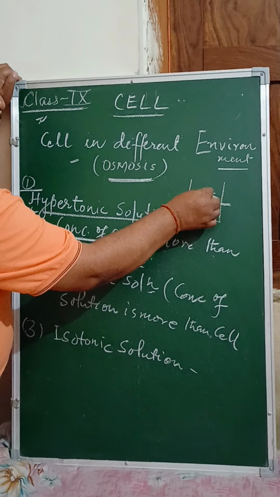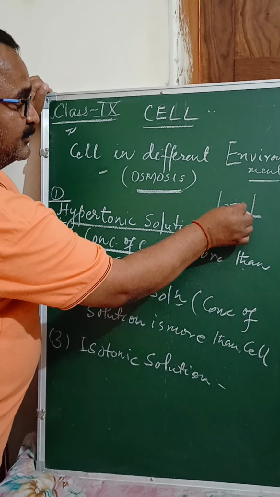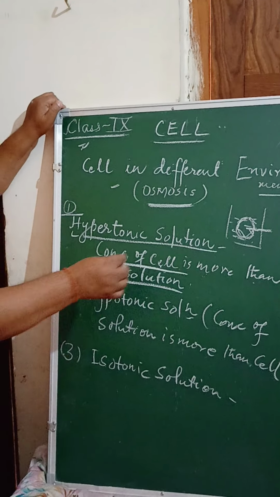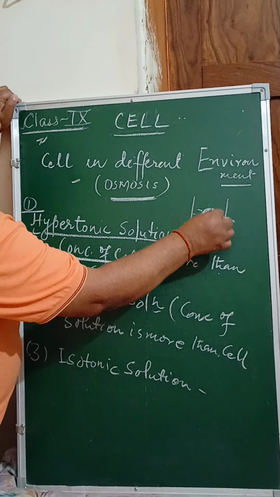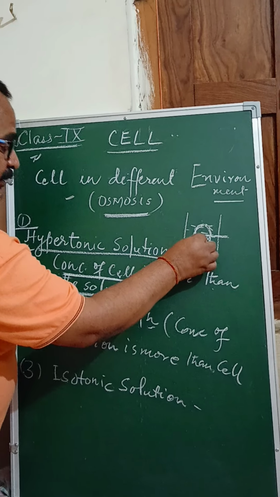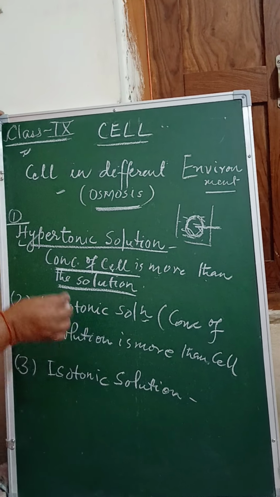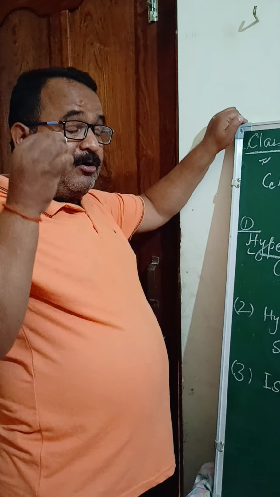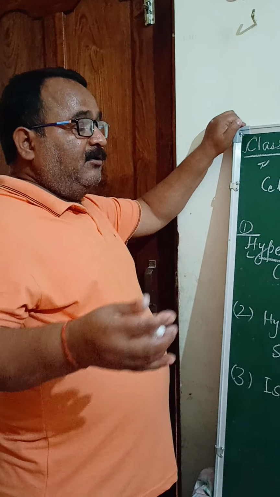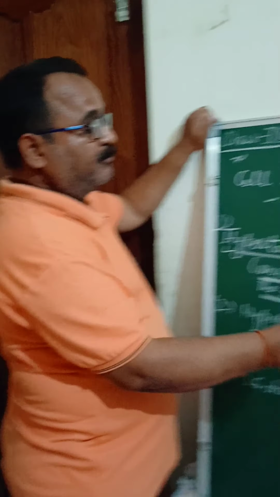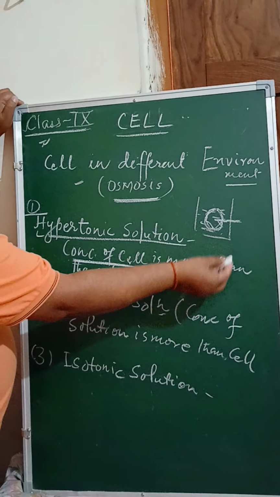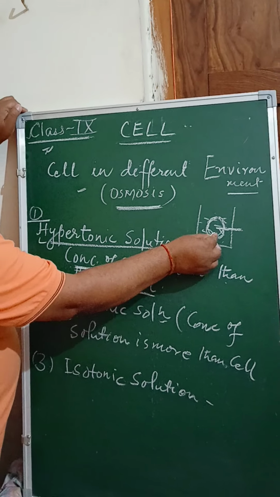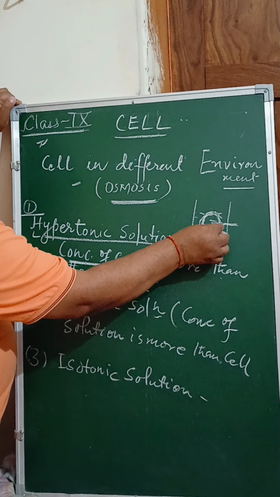So the concentration of the cell is more. It means the concentration of the solution in a cell is more in the resin. And what happens in osmosis? We already said that transportation always takes place from higher concentration to lower concentration. So here we see that the concentration inside the resin is more.